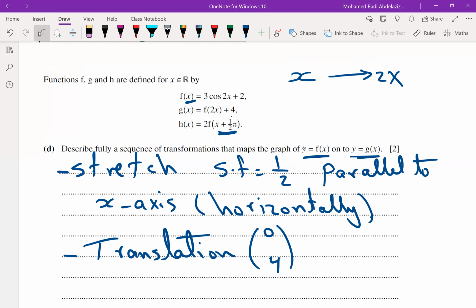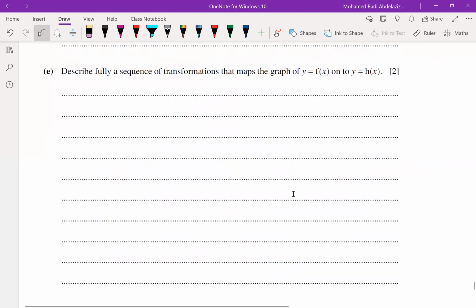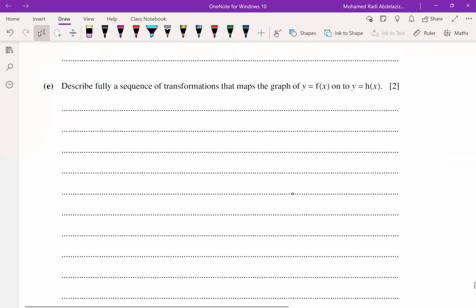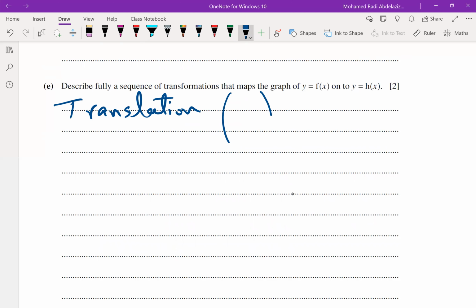Followed by, this 2 represents what? Stretch. This stretch is parallel to the y-axis, vertically, with a scale factor 2. So now we'll describe these two transformations. The first one, translation by vector negative pi over 2 and 0, followed by stretch.